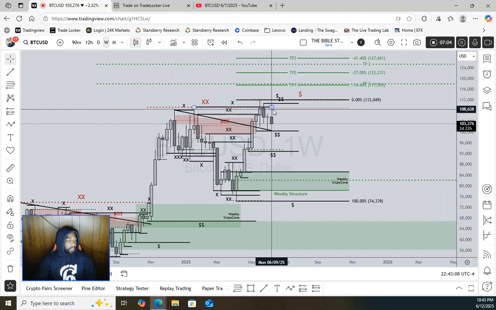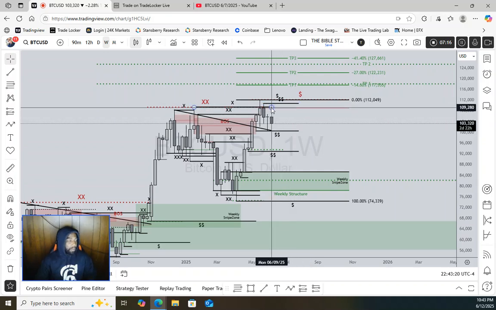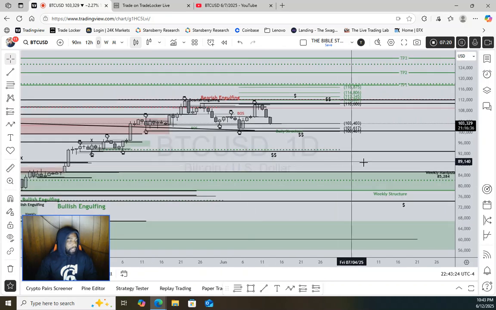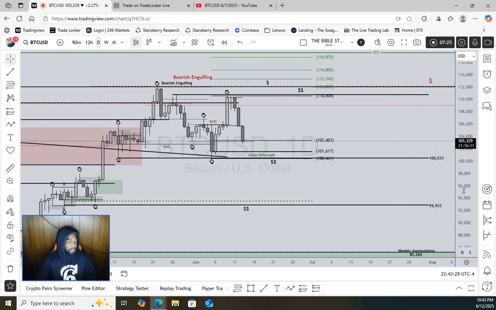So with that being said, price coming up into this level and clearly showing respect, but we're getting this bearish push out of this level, and then you analyze it like that. Then you come to the daily, right?